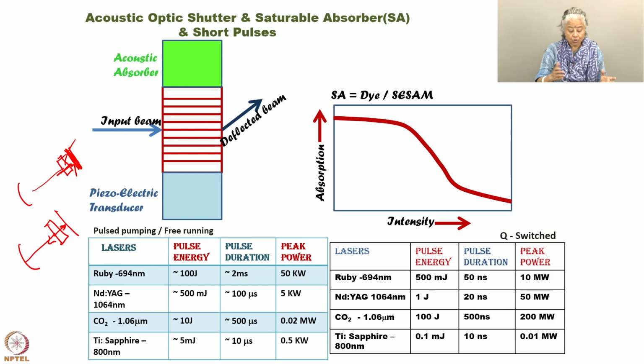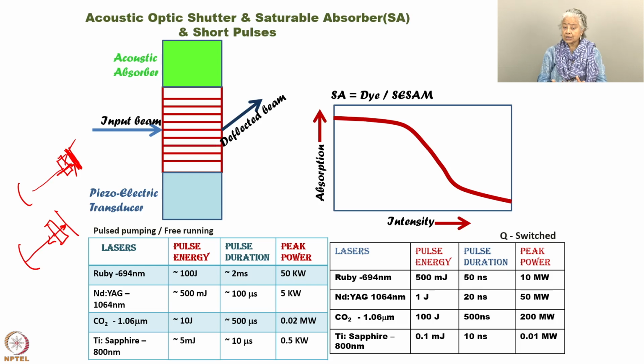It depends on for how long you want to keep it on or how long you don't want to. So you can keep it on for the time when your active medium population inversion is building up. Okay, you keep it on and then you put it off, and the active medium population inversion falls down and you get a large lased pulse. Okay. So this is the principle of the acousto-optic shutter.